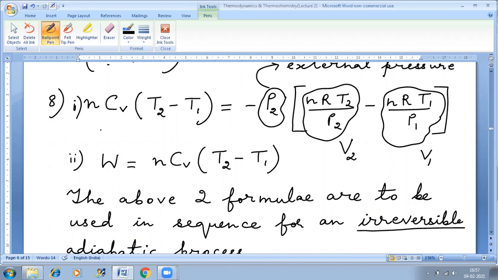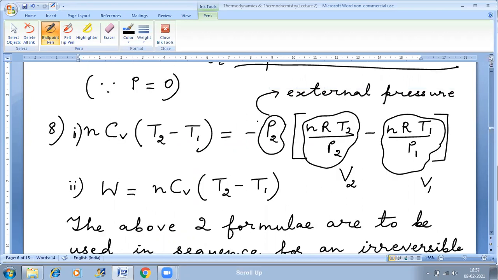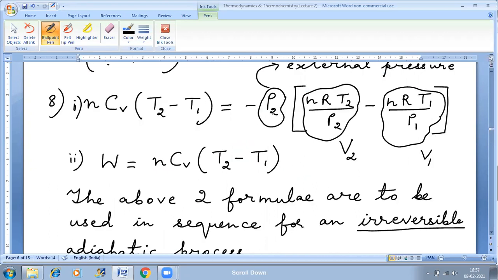So the first formula is n Cv into T2 minus T1 is equal to minus P2, where P2 is the external pressure, multiplied by nRT2 upon P2 minus nRT1 upon P1.